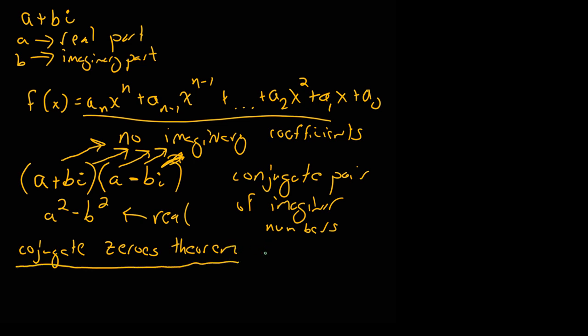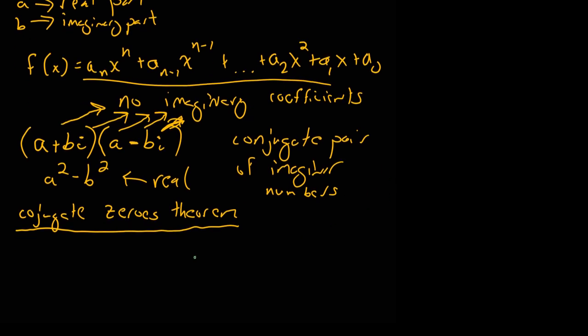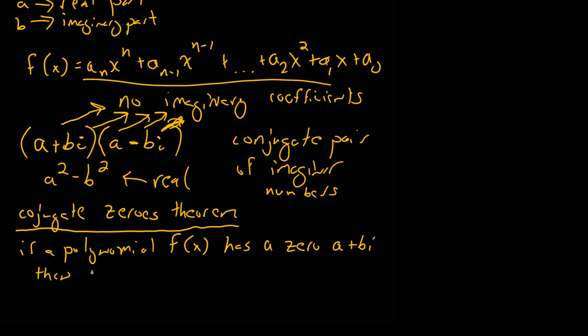And that says if a polynomial f of x has a zero or a root a plus bi, then it also has a zero a minus bi.